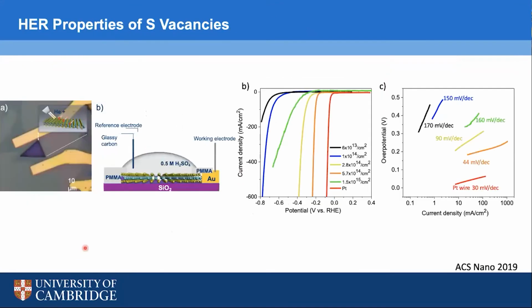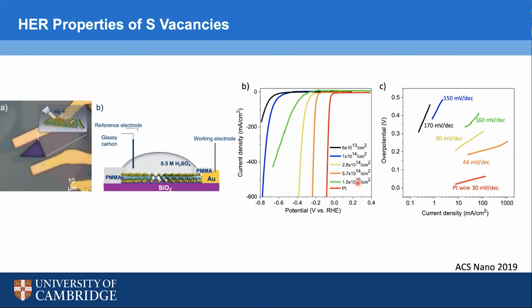And then we utilize our microelectrochemical cells to make measurements on these samples with different vacancy concentrations. One can see that the general trend is that as you introduce more sulfur vacancies, you get an enhancement in the catalytic performance until you get to the point where you start introducing structural damage.